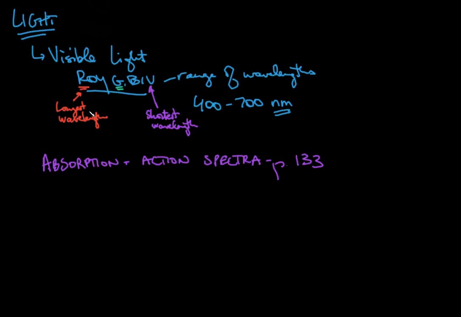So the other thing that you should think a little bit about and look over is the limiting factors, which starts on page 136. So it's about temperature, light intensity, and carbon dioxide concentration, and how those things affect the rate of photosynthesis.